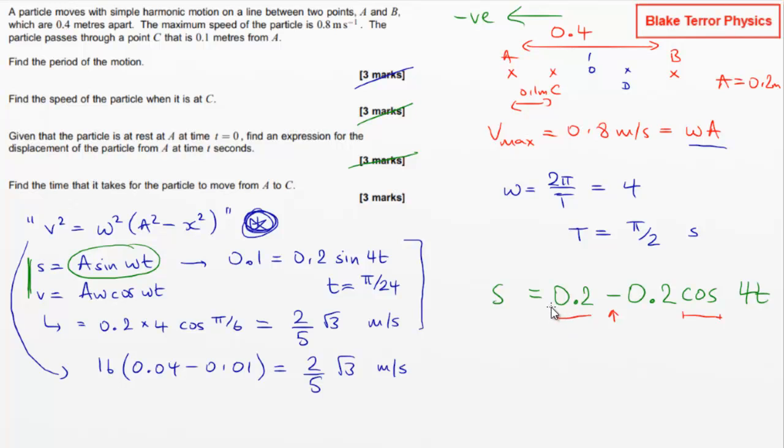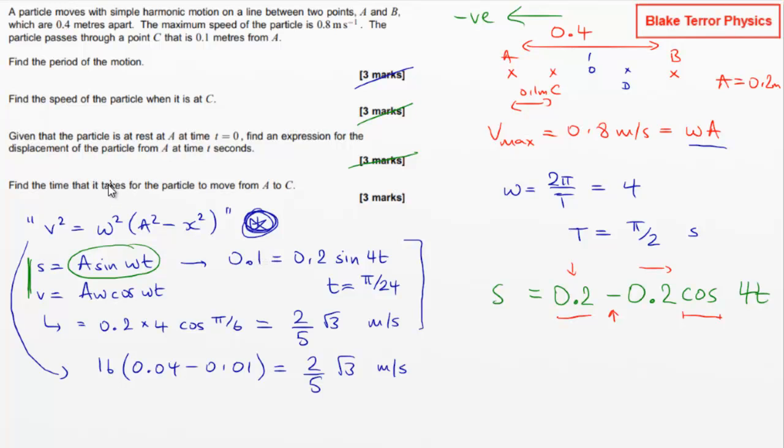So if we were starting at B, we're just taking the negative of both of these terms, and then we'll be starting on the other side, because this would be in the positive direction, so we'd make that a plus, and then this would be a shift in the positive direction, which means we'd make that a minus. So it's quite easy to move from one point to another in the oscillation.